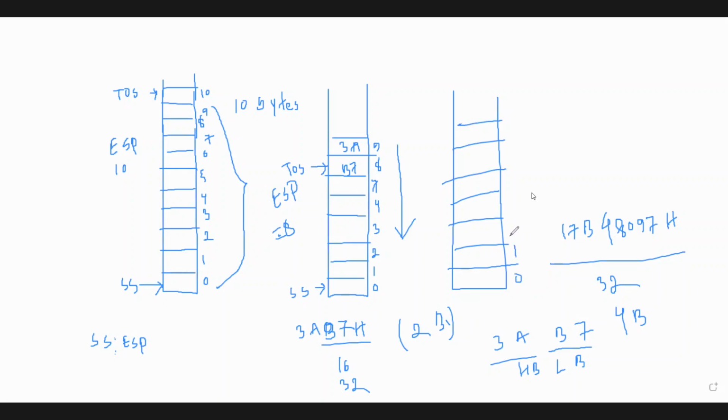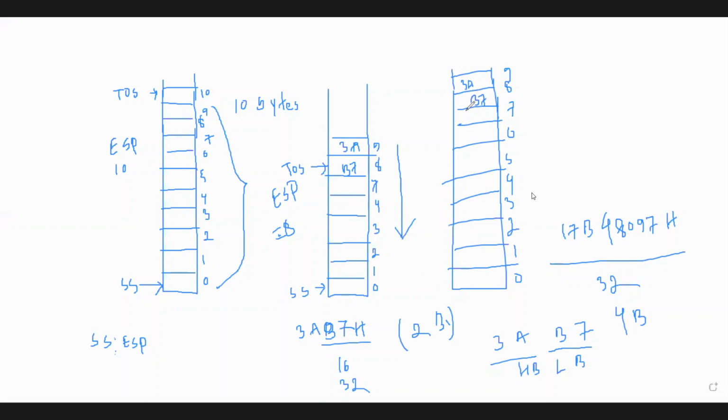So the addresses are 0, 1, 2, 3, 4, 5, 6, 7, then 8, 9. So 3A, B7.